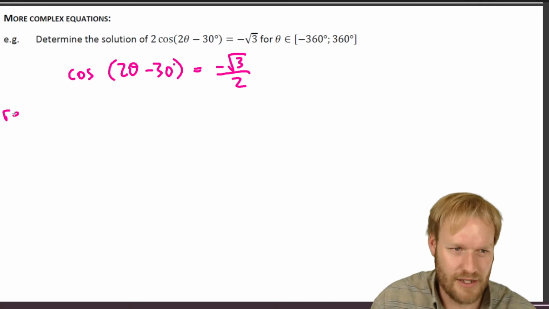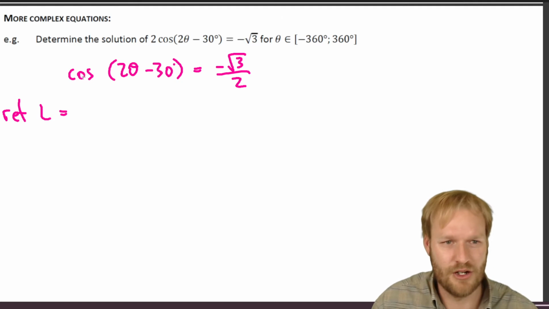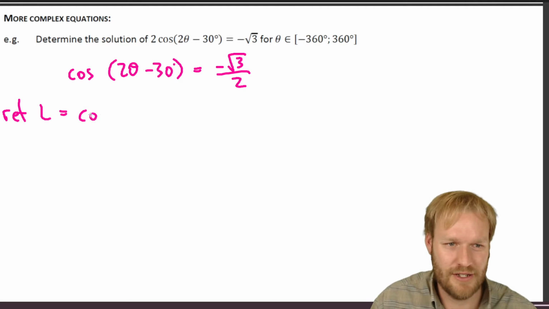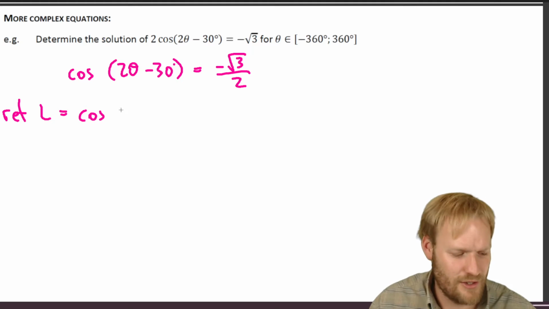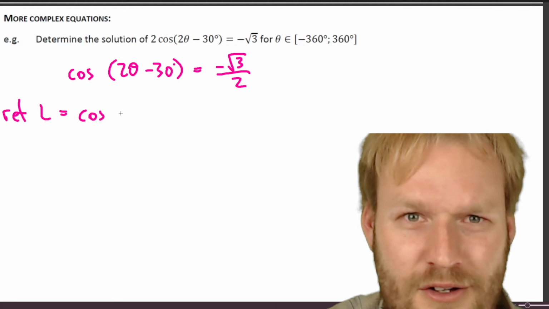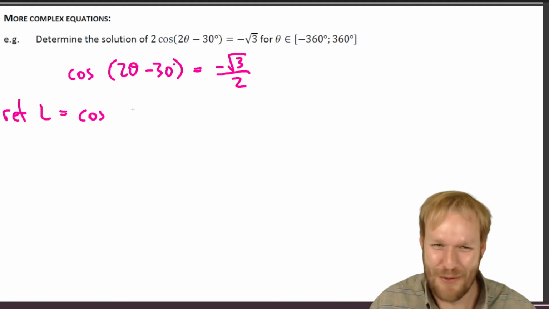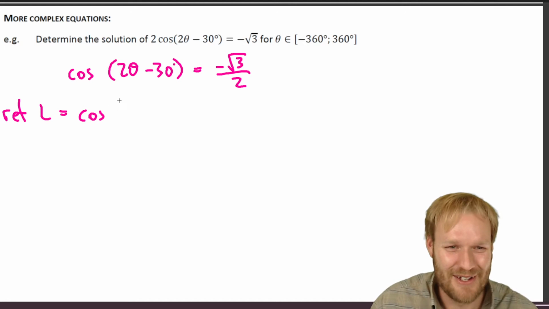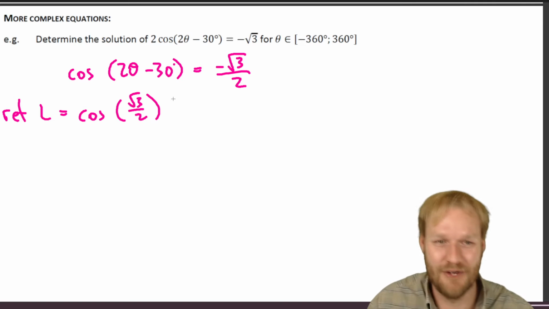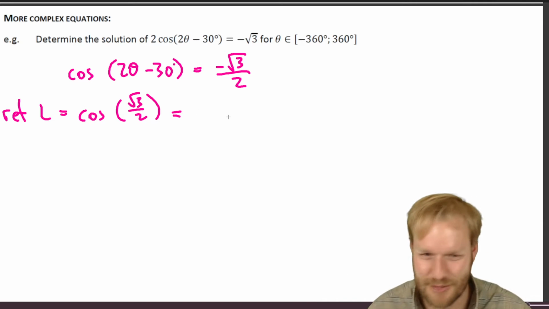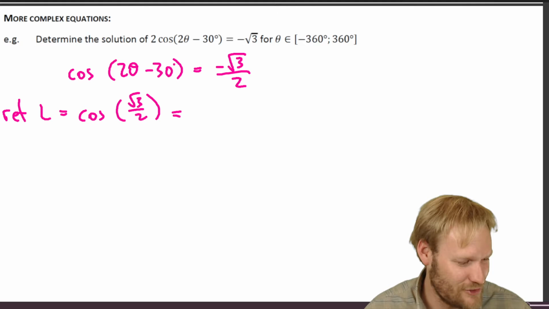Next we find our reference angle, and we go shift cos of that. We take it of the positive, remember, to get our reference angle. And you remember your special triangle, of course, and you nod your head and you smile.